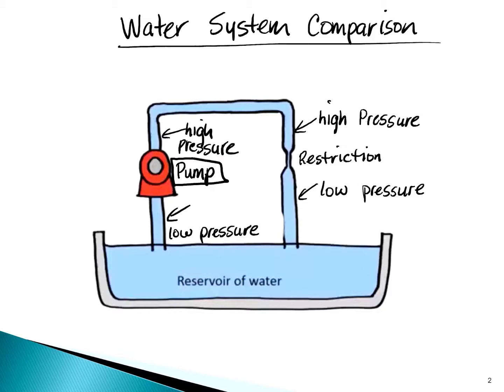So in this example, notice how I've got a pump on the left hand side, and when the pump is running, that is, there's some type of energy input to move this pump, on one side, the lower side here, we have a low pressure created. So this is suction, low pressure. On the other side, we have high pressure.